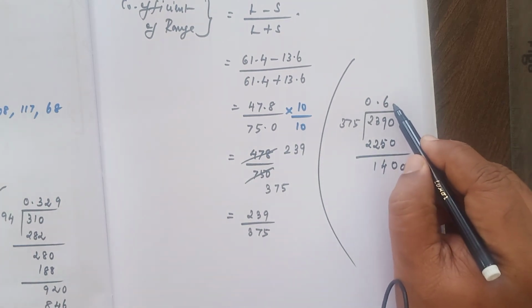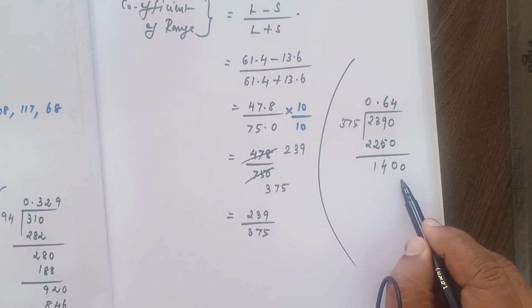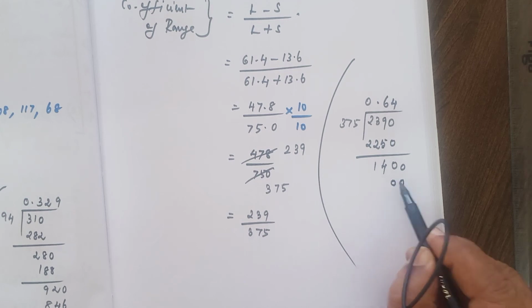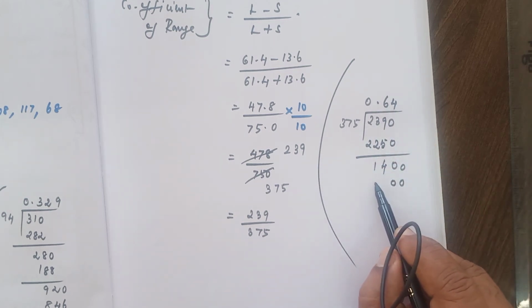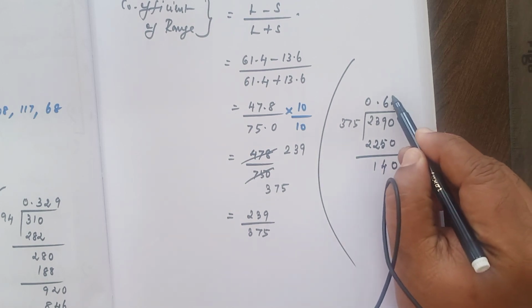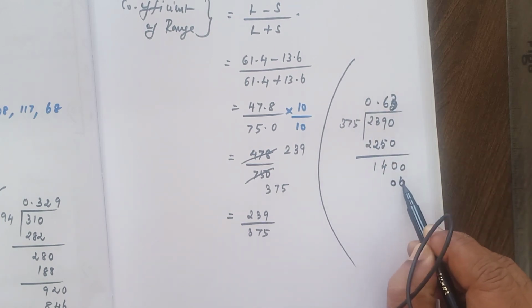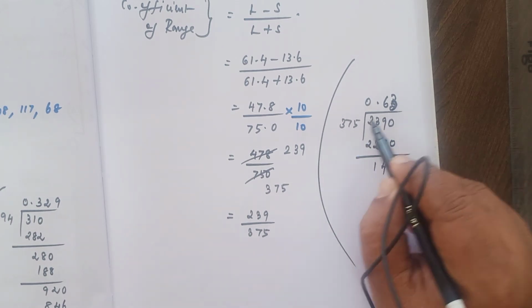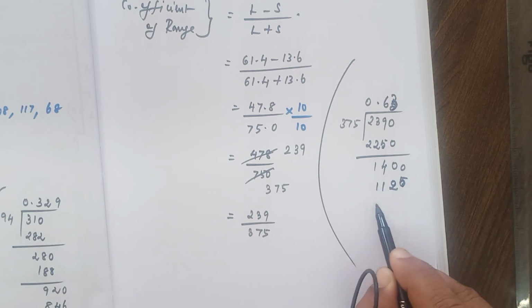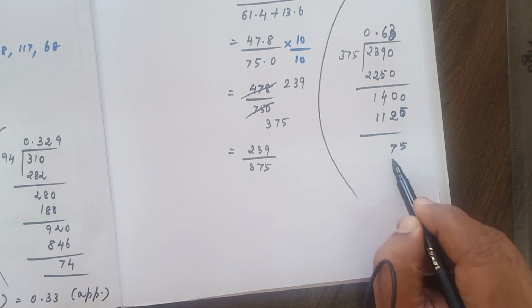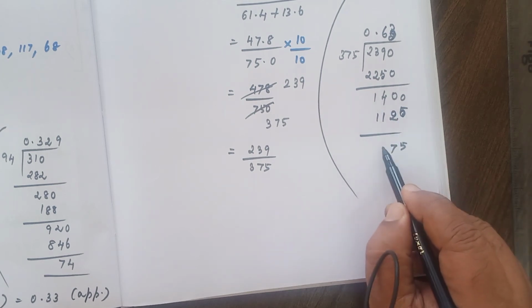Can go for 4 times. 4 5s are 20, balance 2, 4 7s are 28 plus 2, 30, balance 3, 4 3s are 12 plus 3, 15. So not possible. You can go for 3 times only. 3 5s are 15, balance 1, 3 7s are 21 plus 1 is 22, balance 2, 3 3s are 9 plus 2, that is 11. Have to subtract. We'll be getting 5 here, 9 minus 2, 7. Here 3 will be there, 3 minus 1, that is equal to 2.